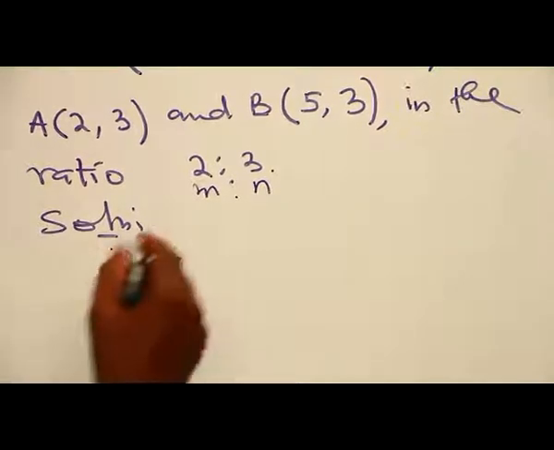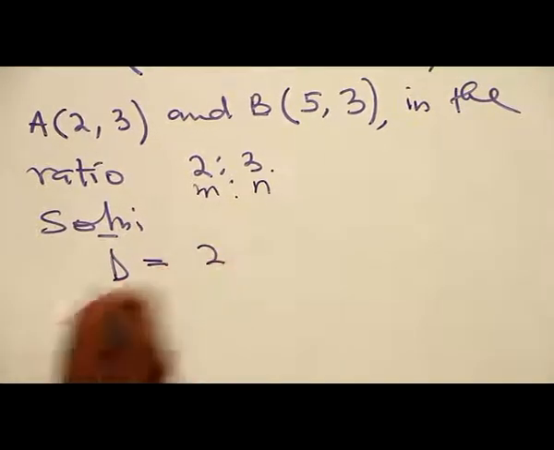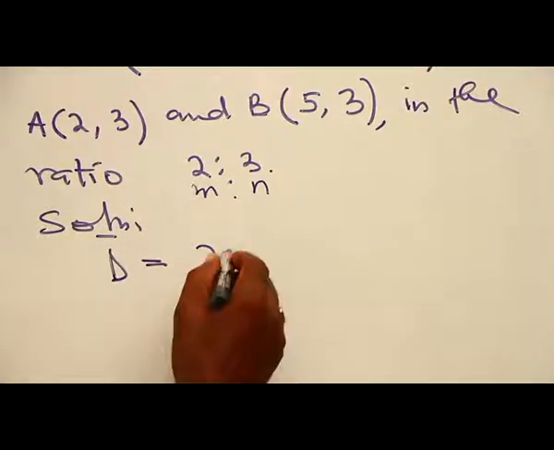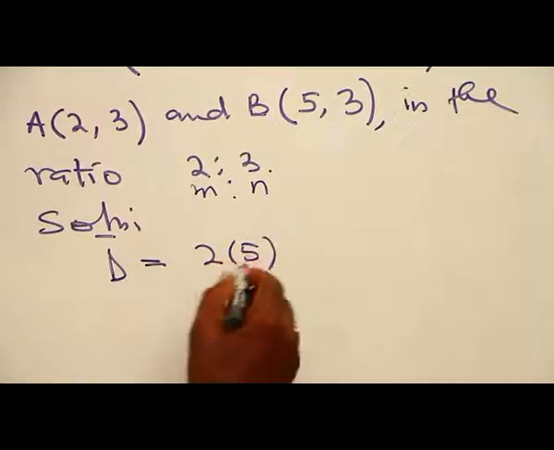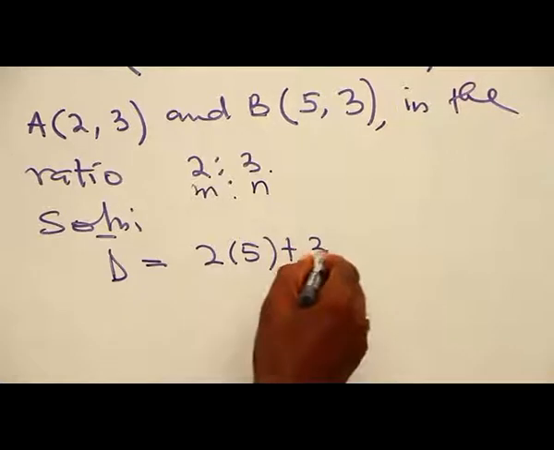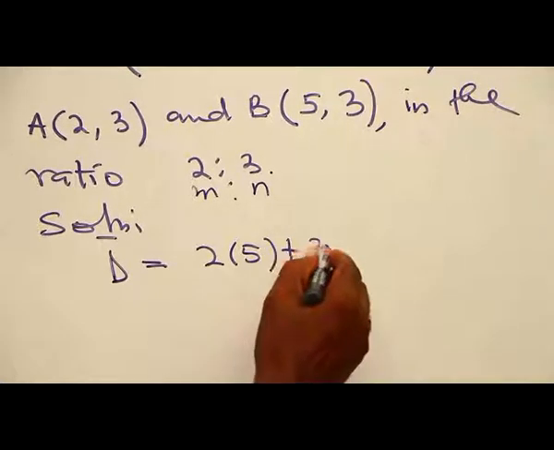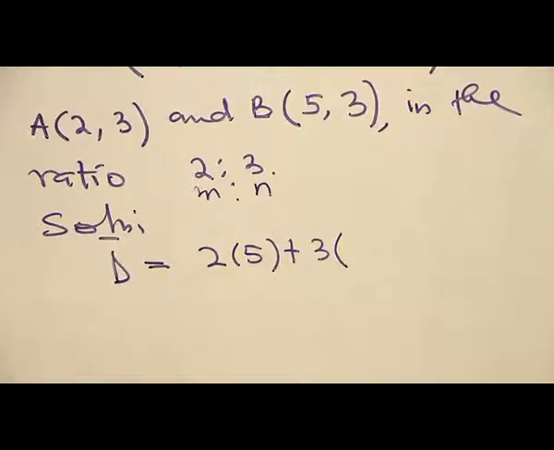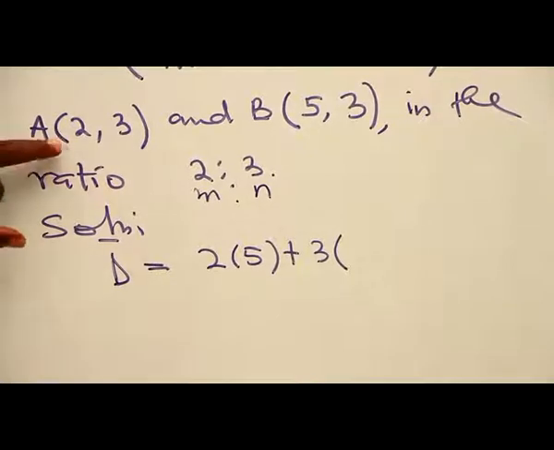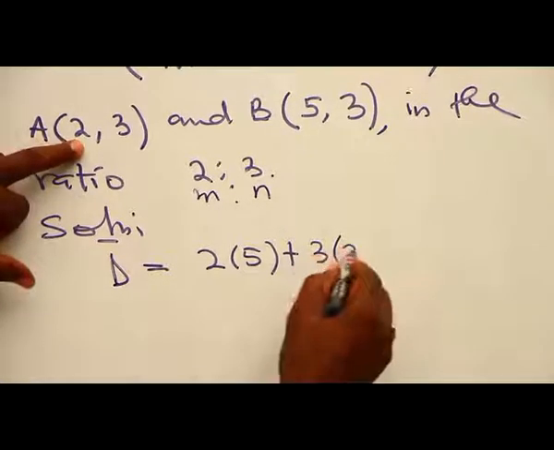So our D becomes m, which is 2, times x2, and our x2 is 5, plus n, which is 3, times our x1, and our x1 in this place is 2.